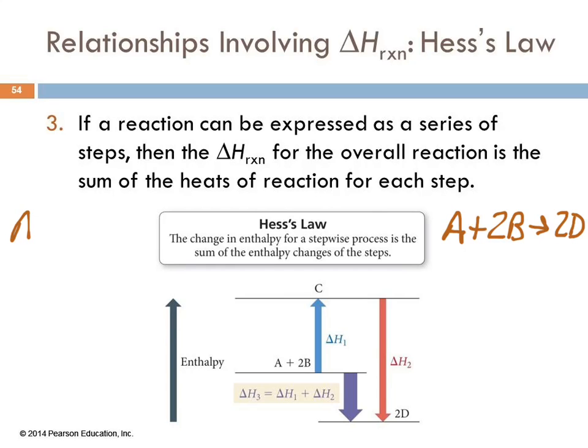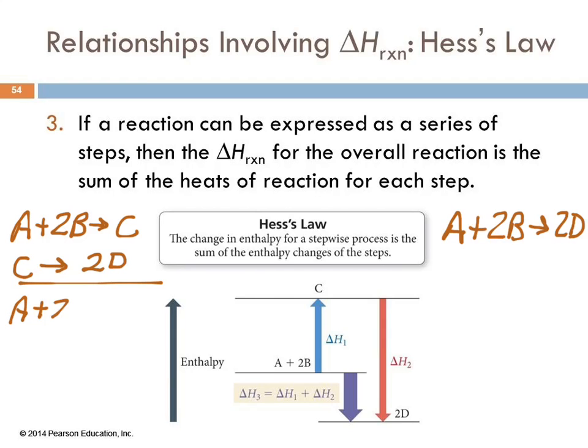Well, if we had A plus 2B, and that went to C, but then C went to 2D, what would we get if we added those two equations together? We get A plus 2B plus C on the left, going to C plus 2D on the right.